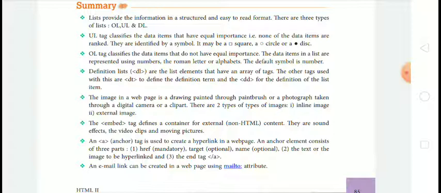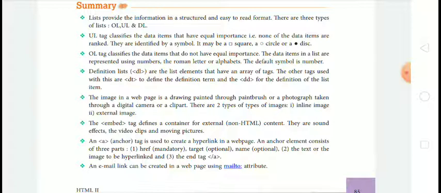It may be a square, circle or disc. The OL tag classifies the data items that do not have equal importance, so the data items in a list are represented using numbers, Roman letters or alphabets. The default symbol is a number.